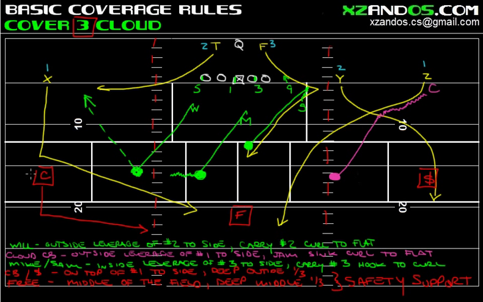By the way, the players responsible for the outside thirds, so in this case it would be the corner and the strong safety, they are reading 1 to 2. So if one goes in, they're looking for two coming out. But they have to be attacking the deep third. So one is coming in, but two is going out, but it's nothing that's threatening the deep zone.